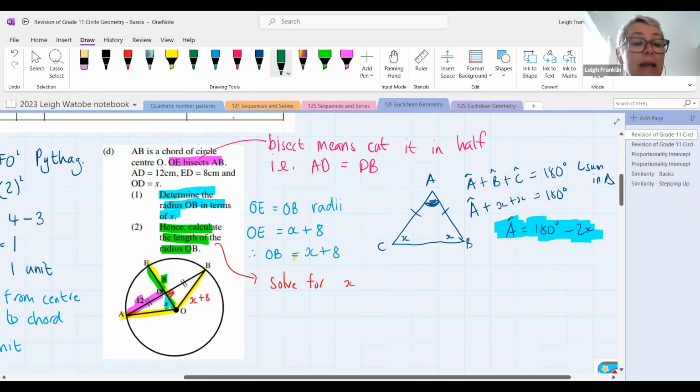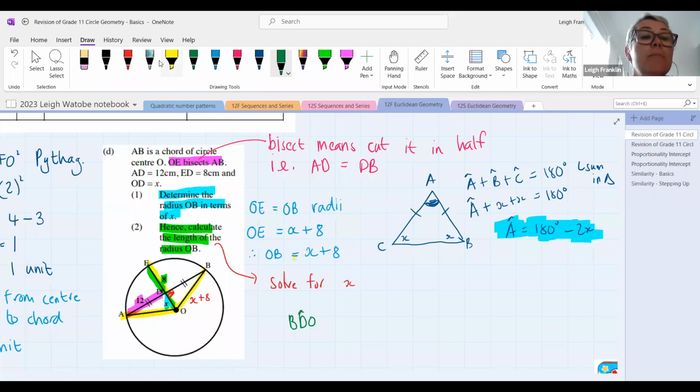So we're going to say here that angle BDO, in other words, I'm looking at this triangle over here, the one that I've colored in yellow.